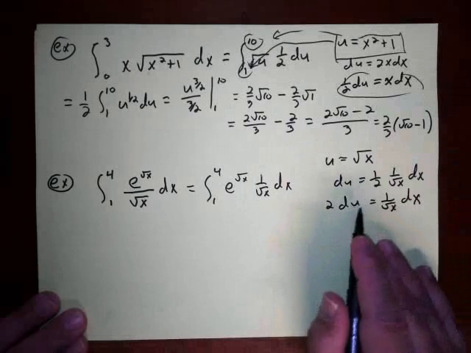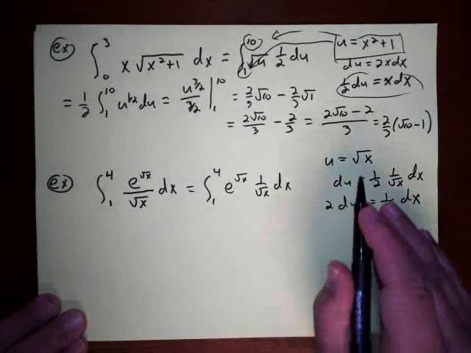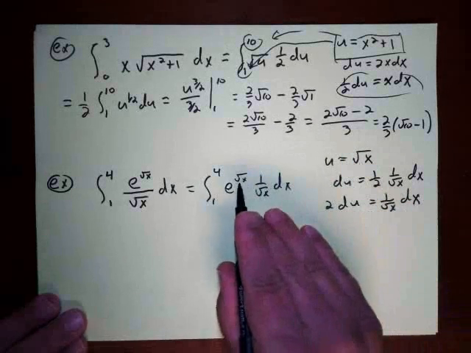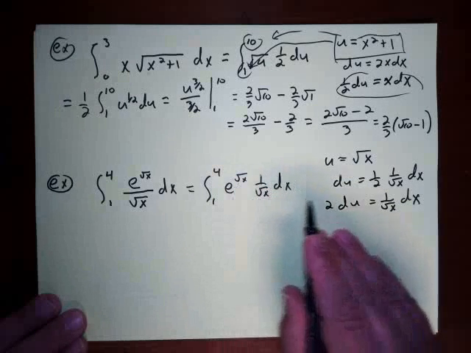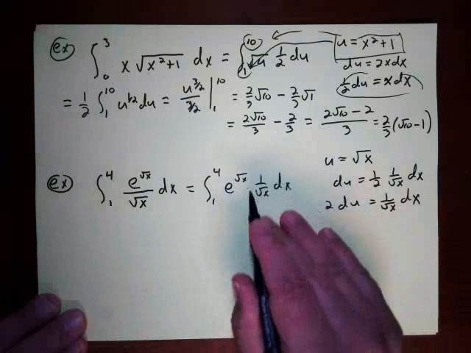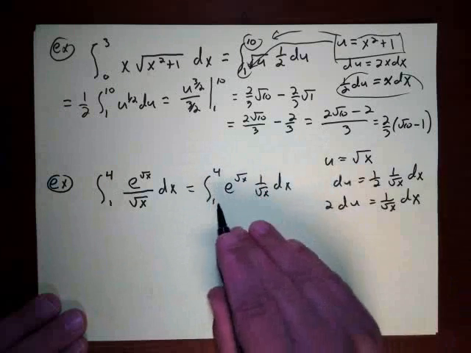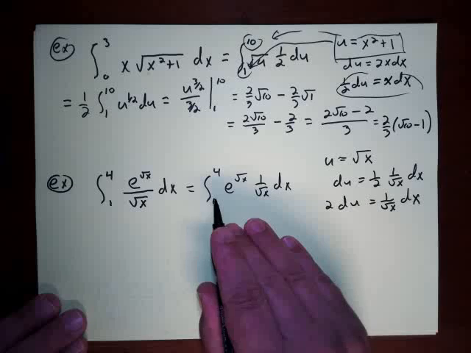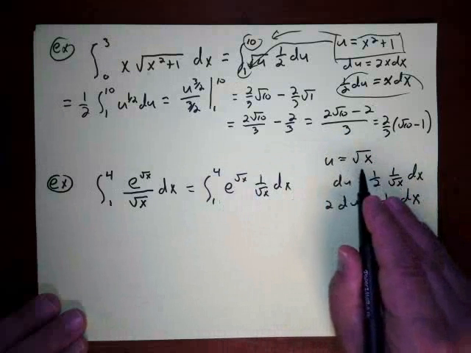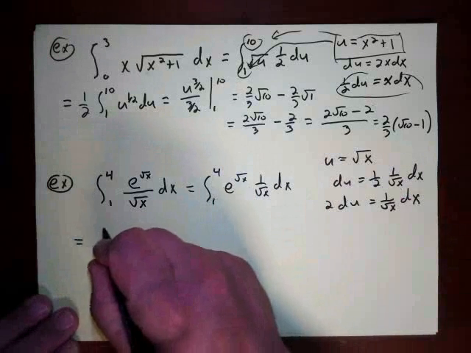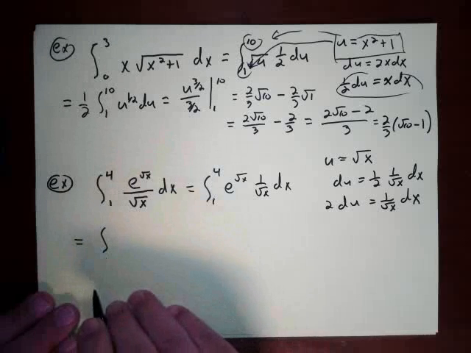And so now I'm going to plug u in for the square root of x. I'm going to plug 2du in for this, but then I also have to update these limits by plugging these into here, because these are for x, and so I need them for u.